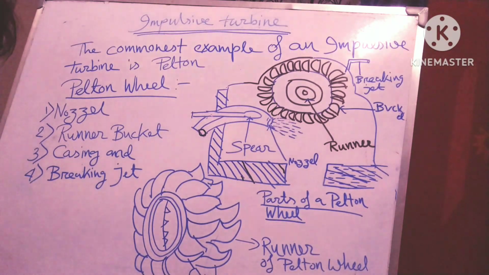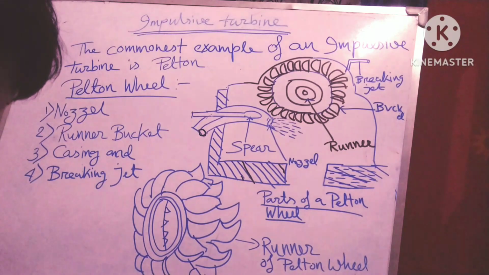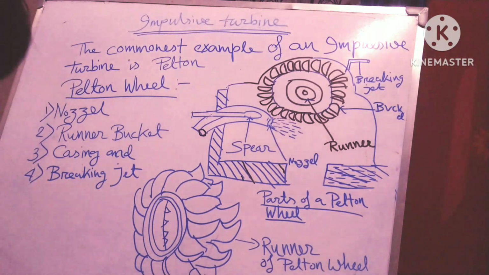The nozzles are kept close to the runner. The water enters the running wheel in the form of a jet, which impinges on the buckets fixed to the outer periphery of the wheel.